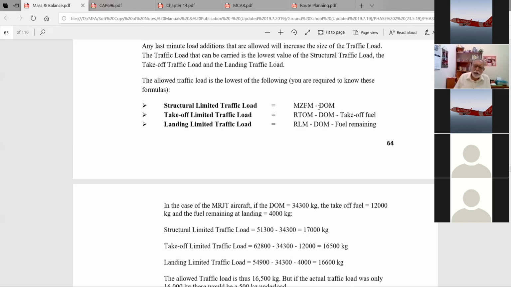Lowest of these three is your allowable traffic load for that particular day. And you know how much load you got on that day, so you can minus the two and get your underload. That day my underload is so much.